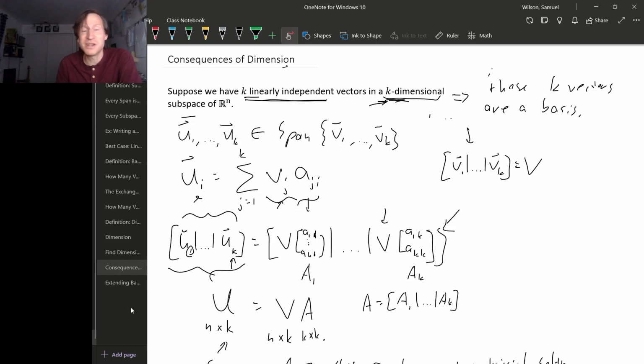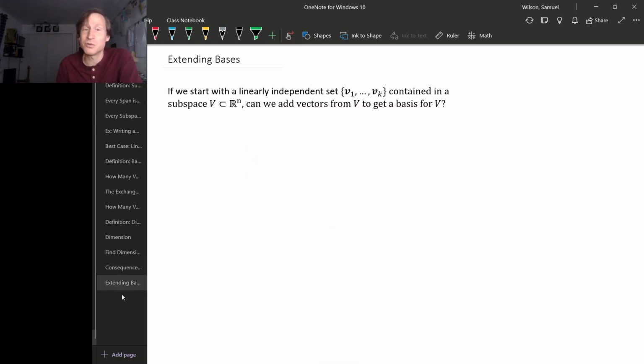This can be a pretty handy fact just sort of on its own, but it has an important consequence. So let's suppose that we start with some linearly independent vectors, v1 through vk, contained in some subspace V of Rn. Now, I'm not intending to imply that this is a basis.